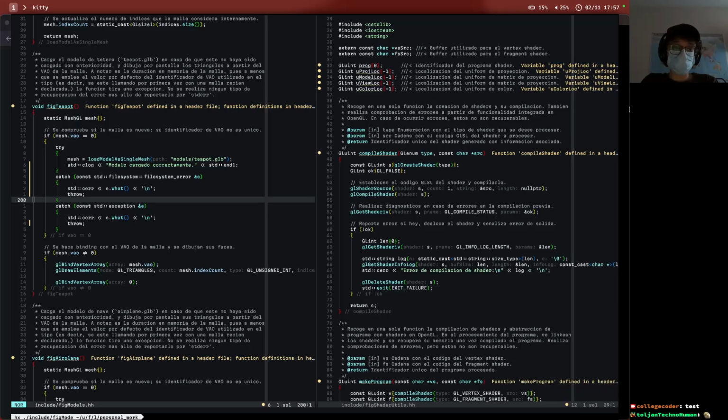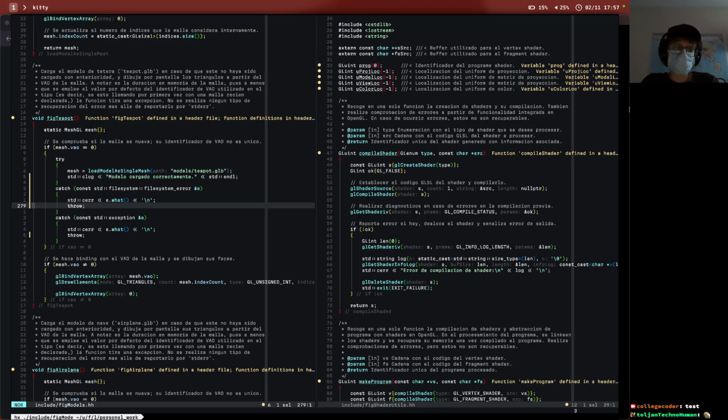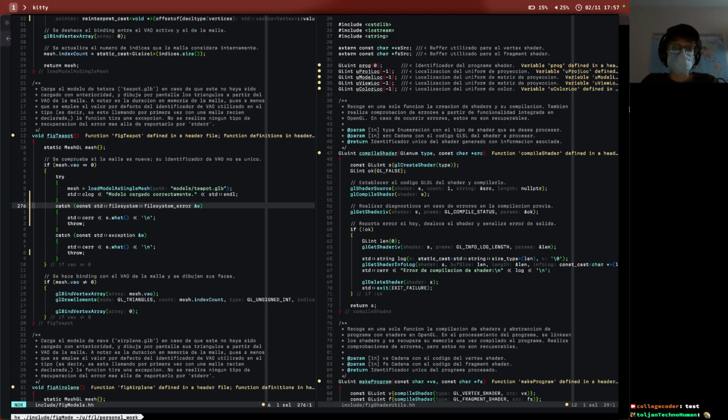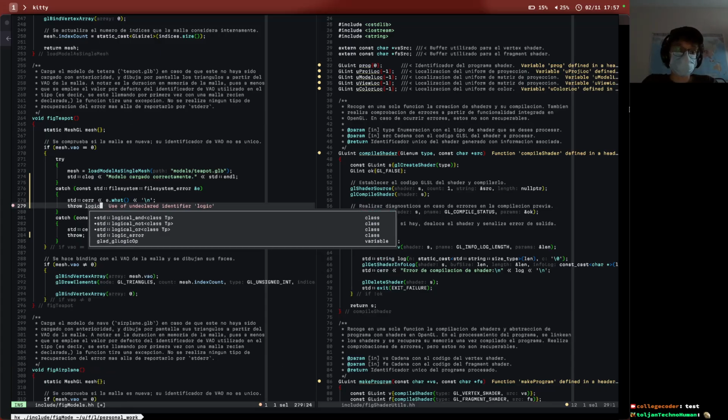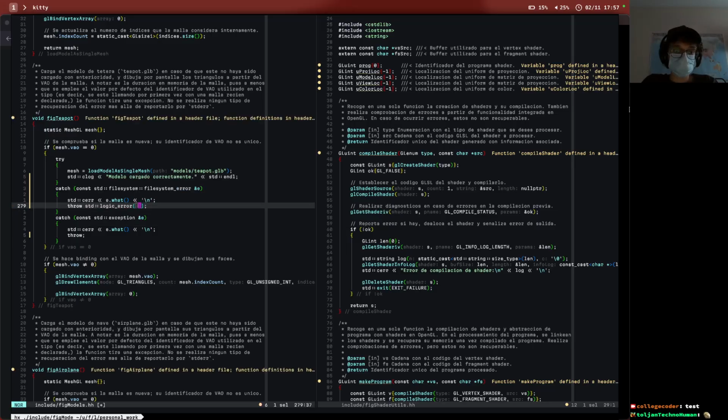What I need is to throw back the exception or throw some other exception, maybe a standard logic error, because after all, we've already handled this by reporting it to CR, basic handling, but it's all we really need at this point. And then here, I'm supposed to throw maybe a logic error.